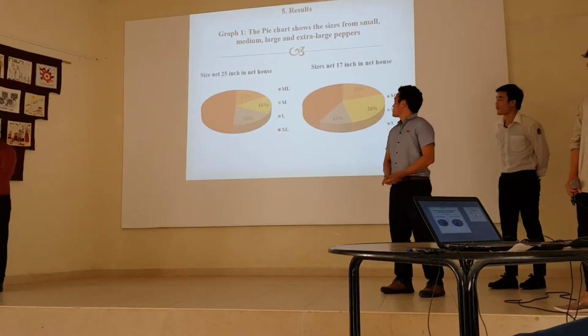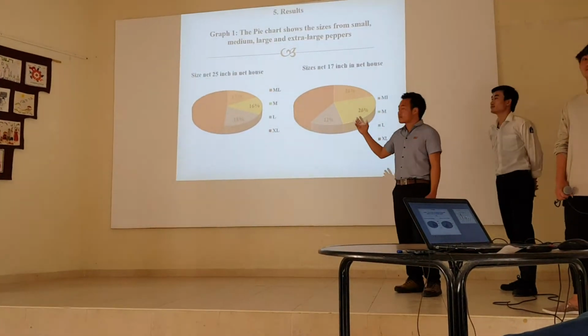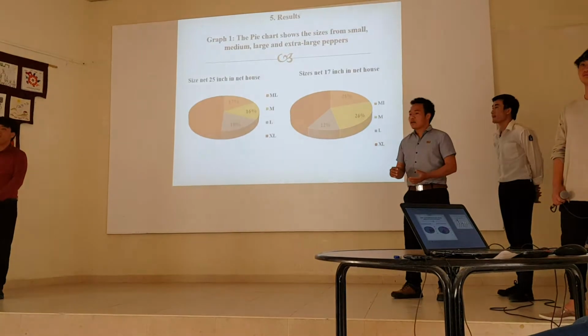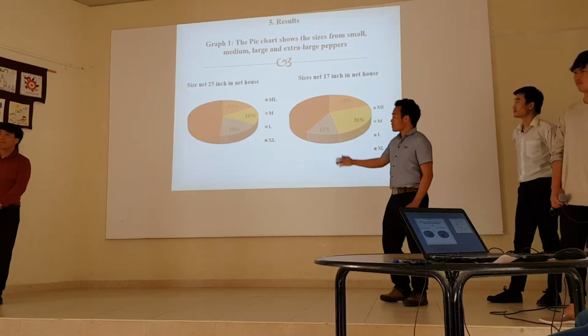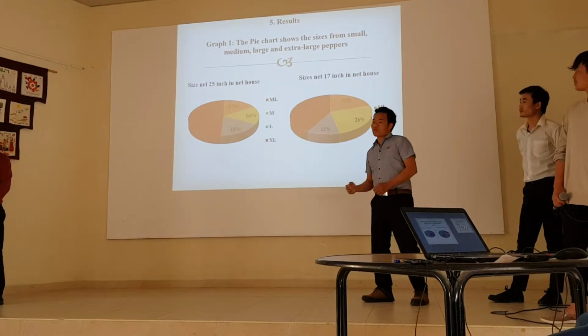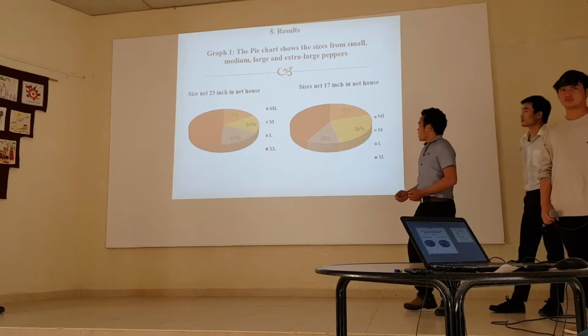The result. This pie chart shows the size of the pepper in the field, neck 25 inch and neck 70 inch. The first one is neck 25 and the last one is neck 70.